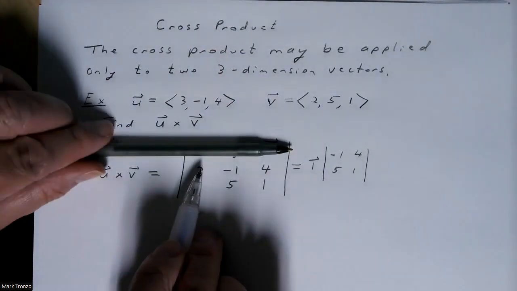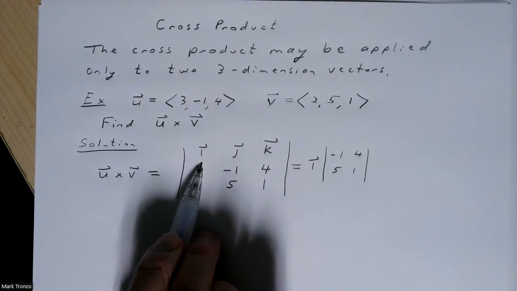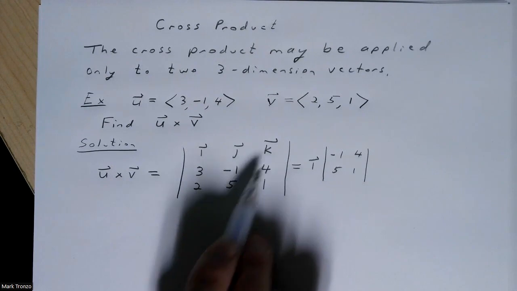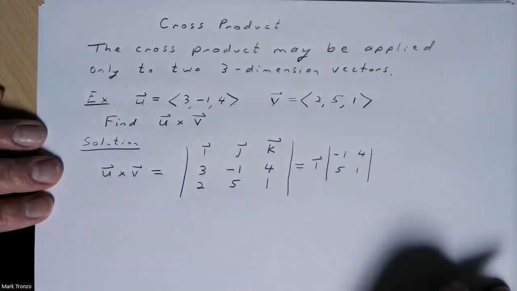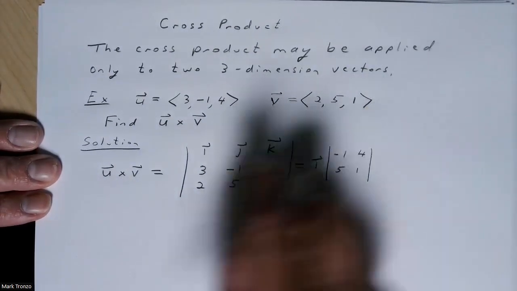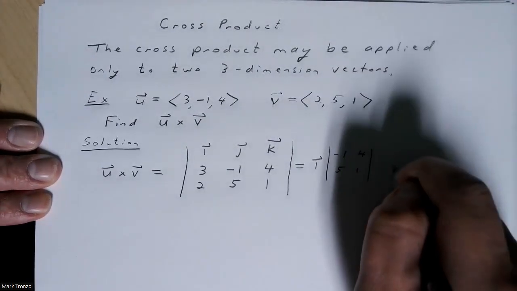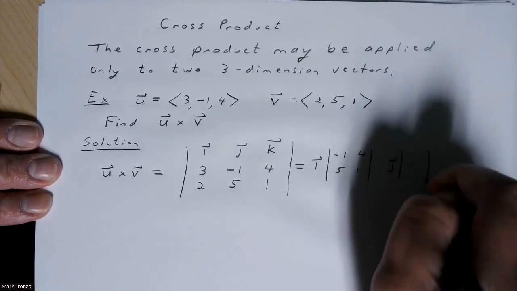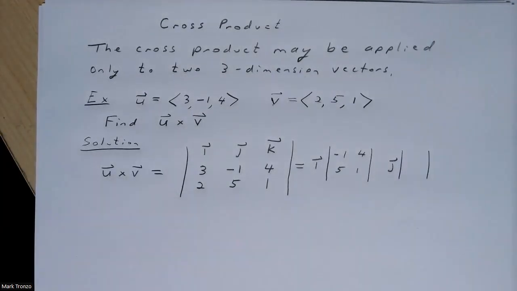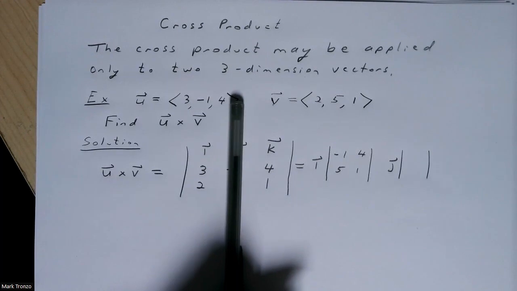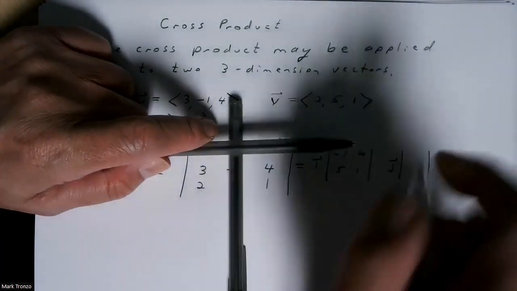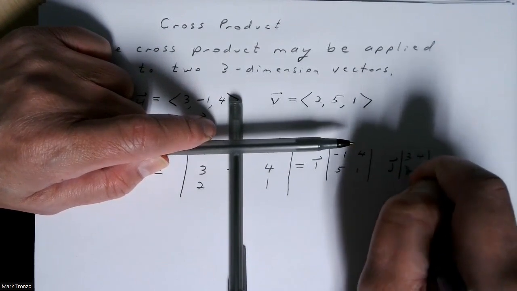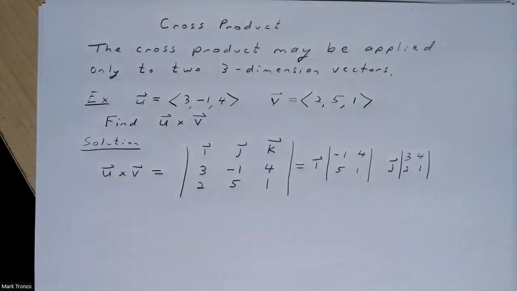Again, I'm going across the top row. I started with this first element, put it in front, cover up that column and that row, and write down what's left. Then go to the next element in the first row, which is J, and cover up the column and the row that J is in, and write down 3, 4, 2, 1.